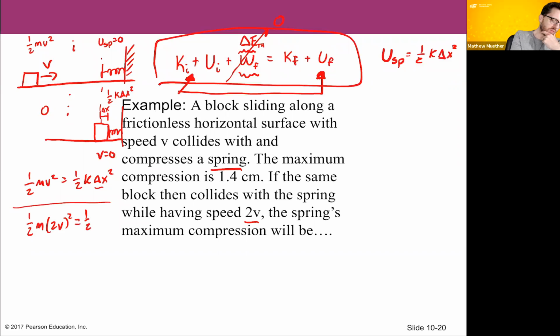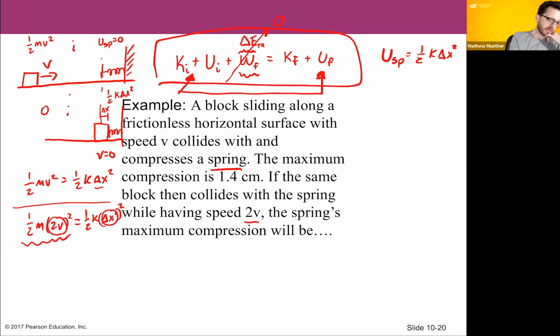It's going to have to equal 1/2 K delta X prime squared, where delta X prime is the new compression. And here I can see on this side that this 2v is going to have to relate to this delta X here.